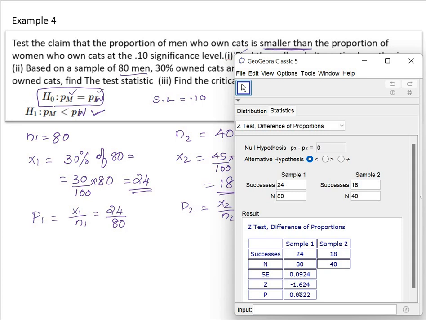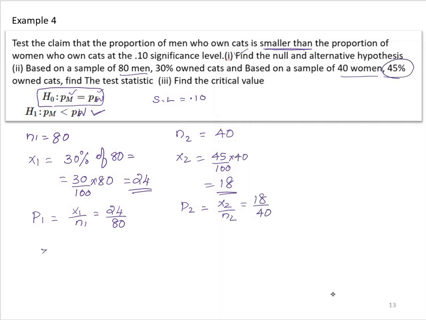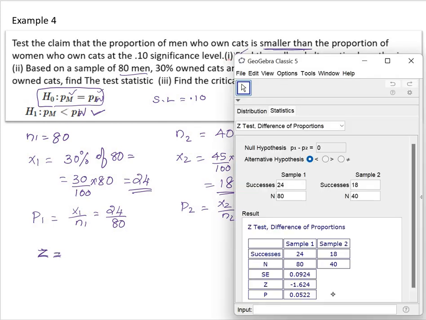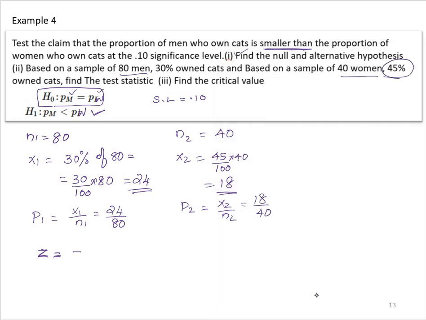So the test statistics Z, the test statistics is denoted by Z, and that is given as negative 1.624. And the probability is also given there.